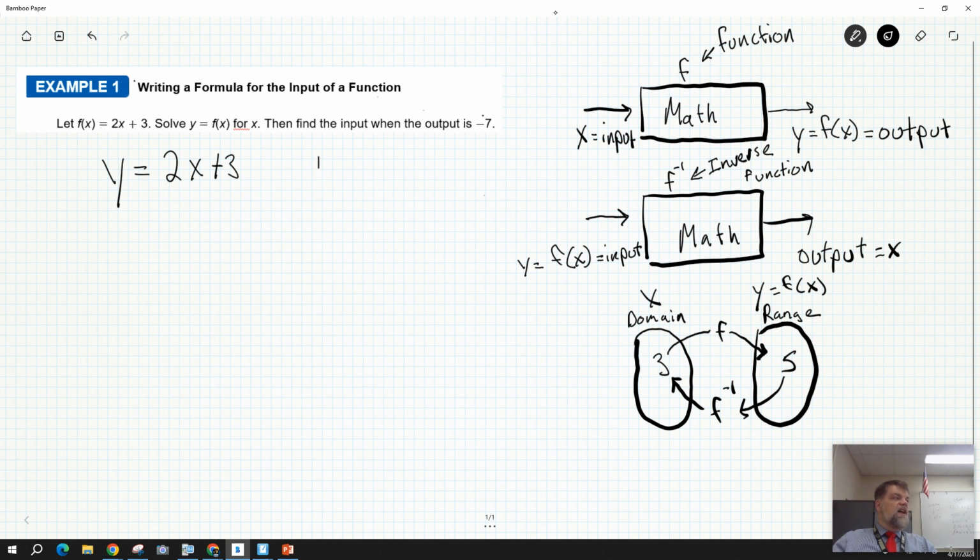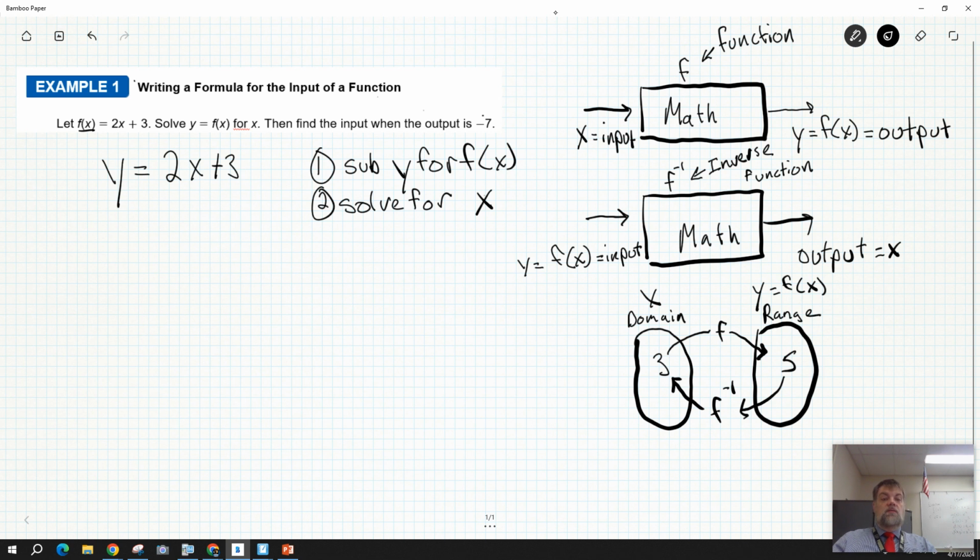So in the first step, you're going to sub in y for f of x. Okay, so here we had f of x, here we're going to put y. And then the next step, we're going to solve for x.